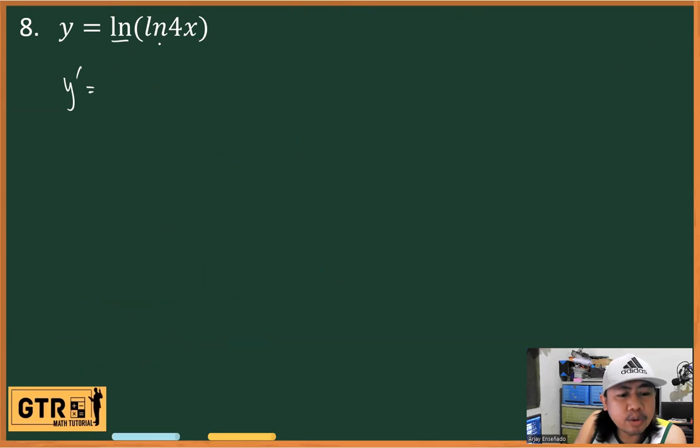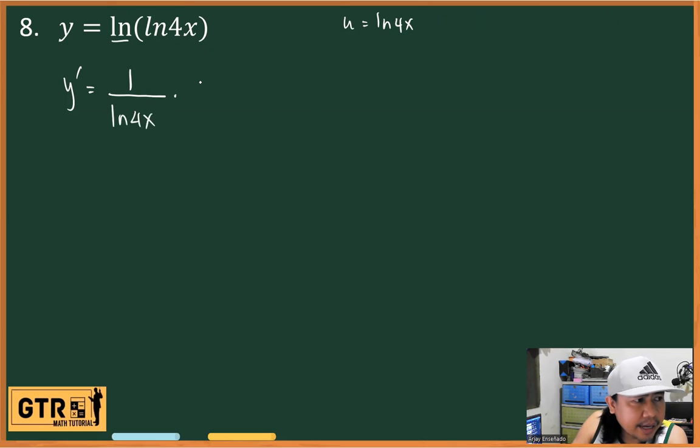So ln is included. So we have 1 over u, and our u here is ln 4x. The ln is included in the u because there are two ln. So we have 1 over u. Our u is ln 4x. Then times the derivative of ln 4x with respect to x.